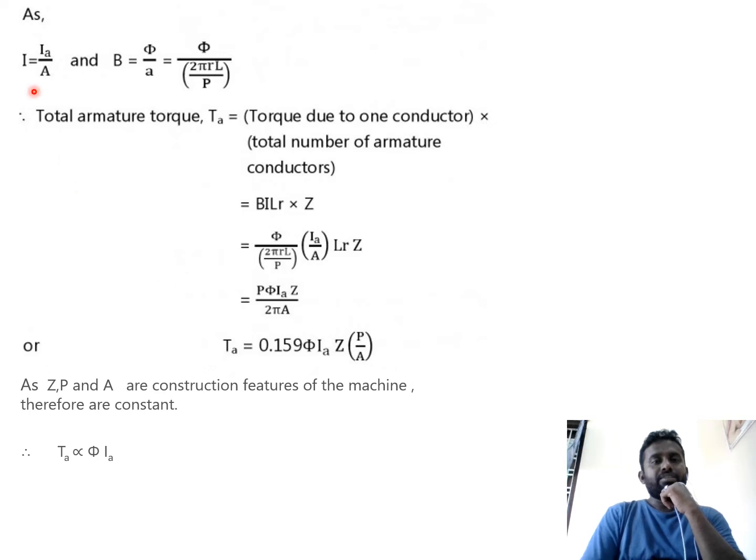As we know, I is equal to Ia by A. In the last slide we have seen B is equal to phi by A, and A is replaced by 2 pi RL by P per pole, and torque is equal to torque due to one conductor into total number of armature conductors.